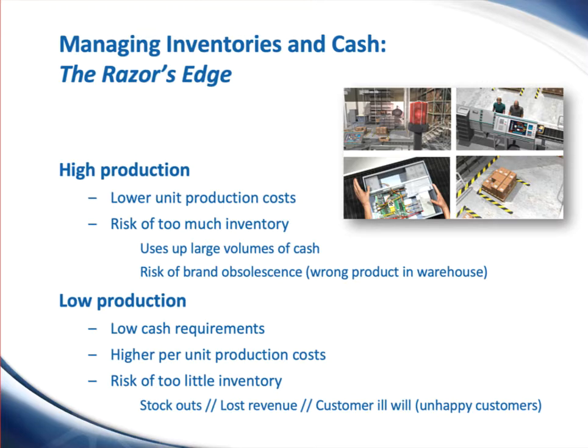So we really look at a razor's edge here between too high of a production run, or too low of a production run. The operations managers that you have in your firm are really going to be challenged to figure the optimum.